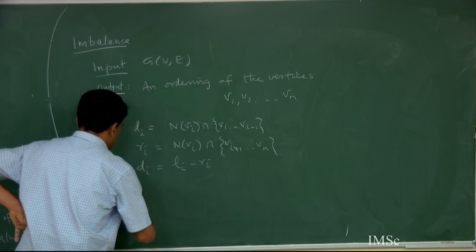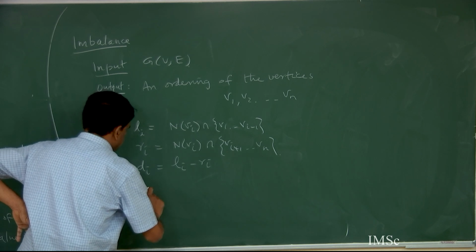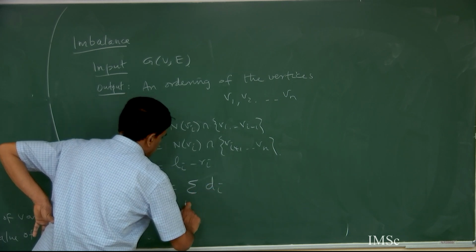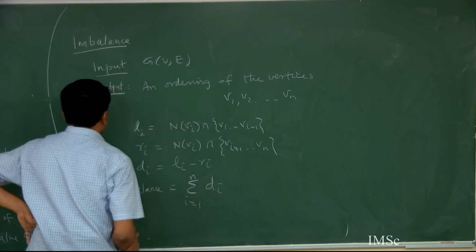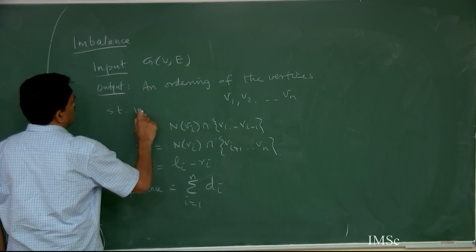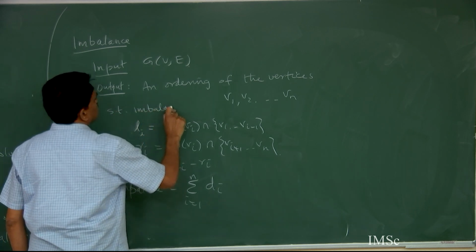The imbalance is the summation of d(i) for i equal to 1 to n, and we want the ordering where the imbalance is minimized.